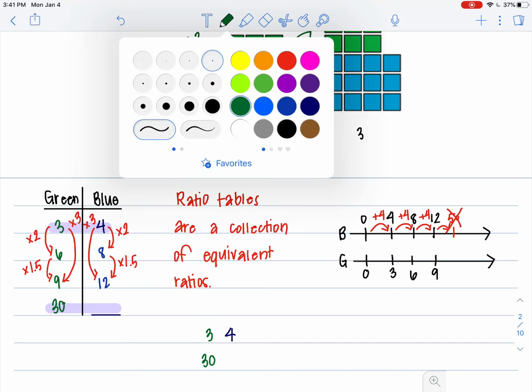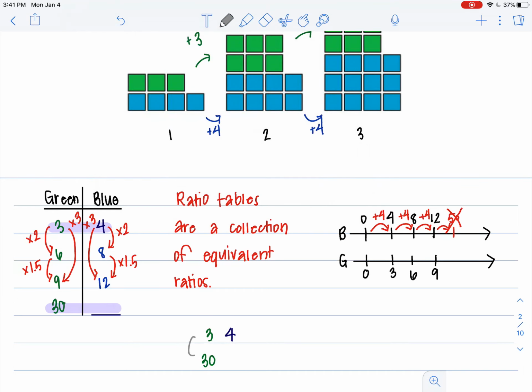And again, whatever ratio I end up with has to be equivalent. So if I multiply 3 times 10 to get 30, 4 times 10 gets me 40, and 40 is my missing number. That makes this a valid entry as long as it is an equivalent ratio.